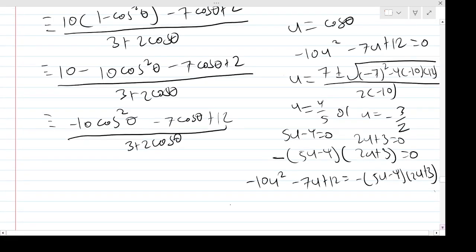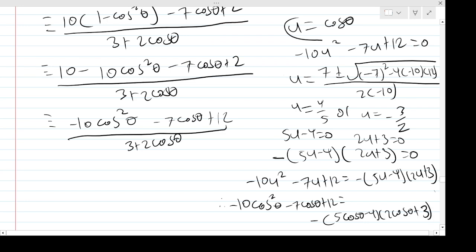So therefore, we can say that minus 10 cos squared theta minus 7 cos theta add 12 is the same as minus lots of 5 cos theta minus 4, 2 cos theta plus 3. If I just put u is cos theta back in, there we are then. So we've got a factorisation for this quadratic of cos.